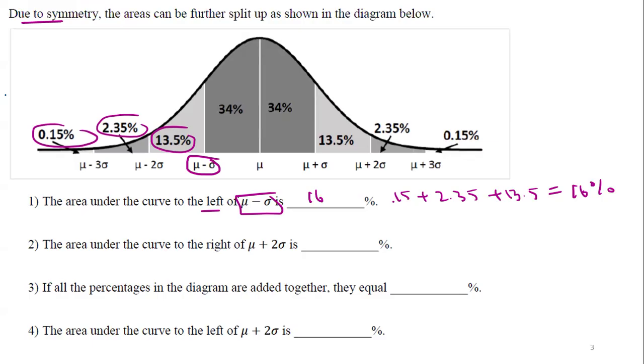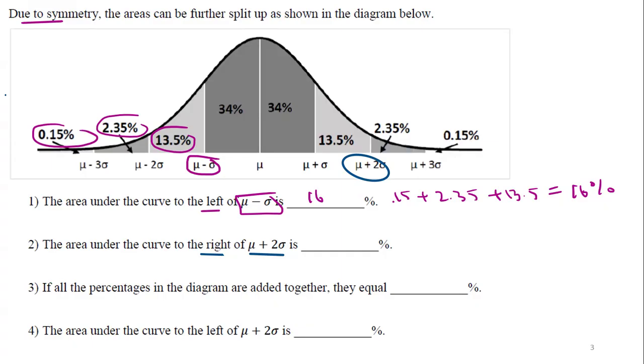Now we want to find the area under the curve to the right of mu plus 2 sigma. So here's mu plus 2 sigma. If we were to shade the area to the right of mu plus 2 sigma, it would be all of this here. So what does that mean? That means we would need to add the two areas that are to the right of mu plus 2 sigma.